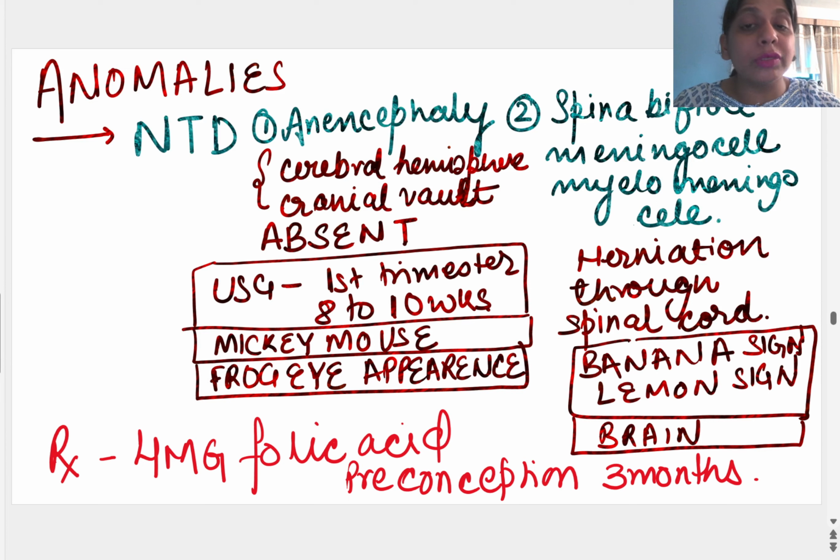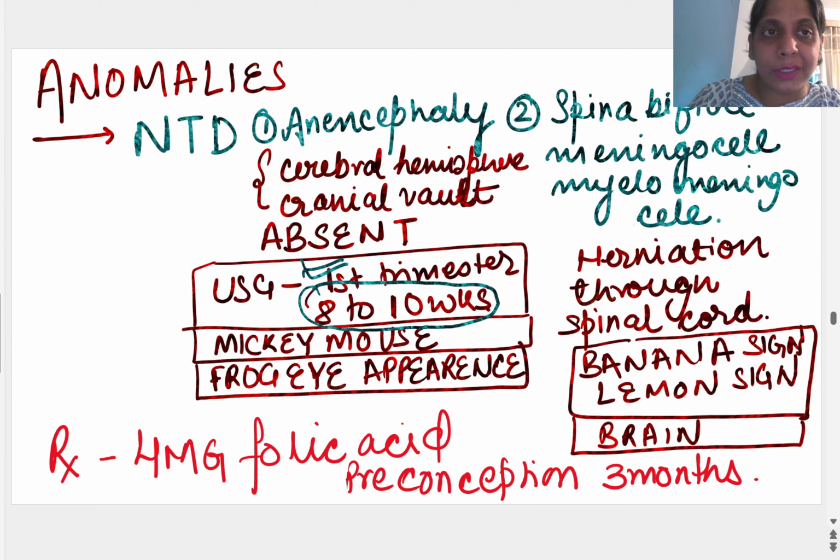We can diagnose it as early as 8 to 10 weeks on ultrasound. No need to go for those costly investigations, like alpha fetoprotein, double marker, triple marker. On ultrasound, very early, 8 to 10 weeks, we can diagnose this.